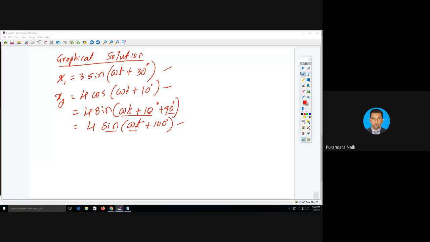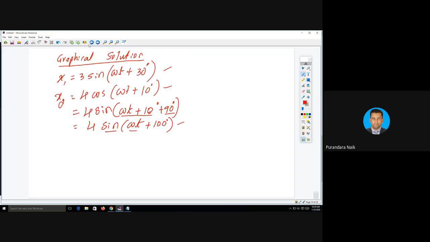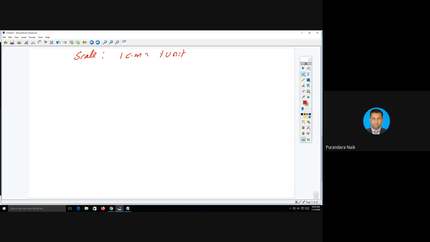Okay. Next, scale: 1 centimeter is equal to 1 unit, because the maximum unit is 4. You can take a 1:1 scale, no problem. Otherwise, you can take 1 centimeter equal to 2 units also, but 3 and 4 will be very small, and it will be very difficult to measure the angles.